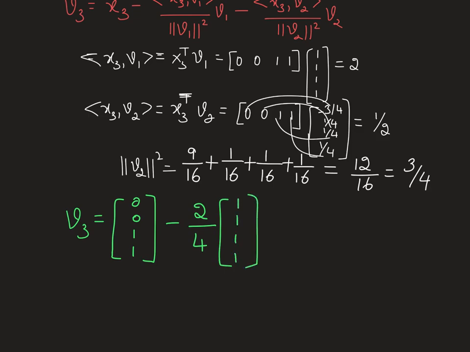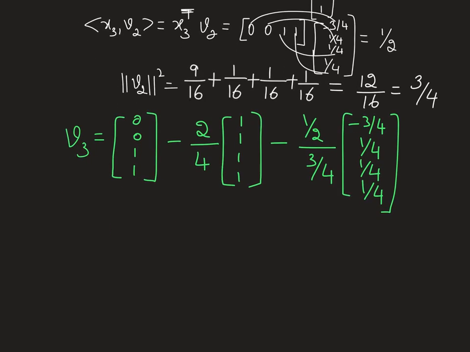Next we have x3 with v2, that is 1/2, divided by 3/4, times v2, which is minus 3/4, 1/4, 1/4, 1/4.